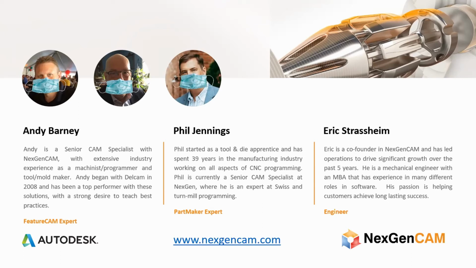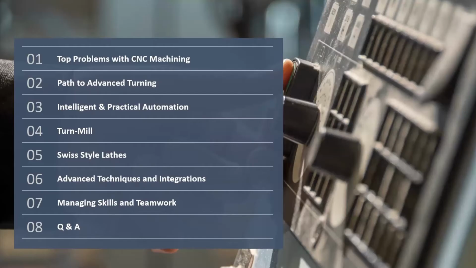Let's get into the presentation. For our agenda today, we've really got 7 main parts to this. We're going to be talking about just some of the top problems that you might be experiencing in the CNC industry. And then we're going to talk about advanced turning, in the sense of the industry and some of the preconceived notions and ideas people have about it. Then we're going to dig into some solutions in this space.